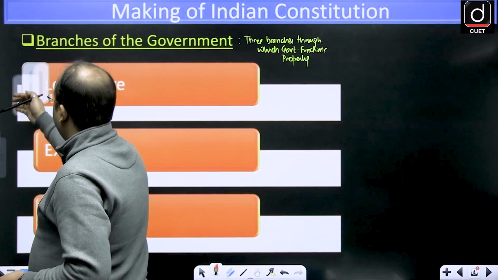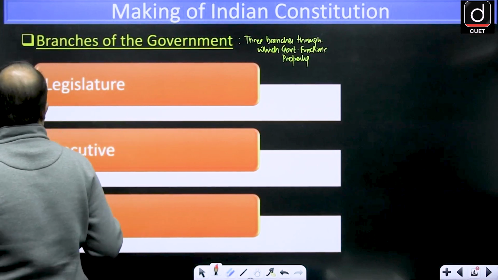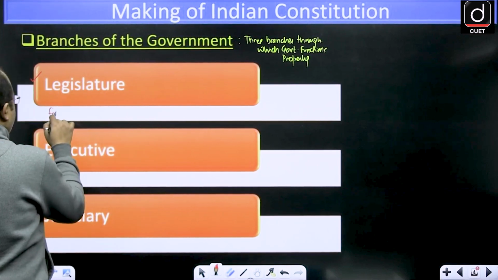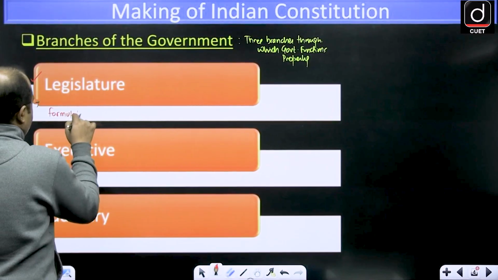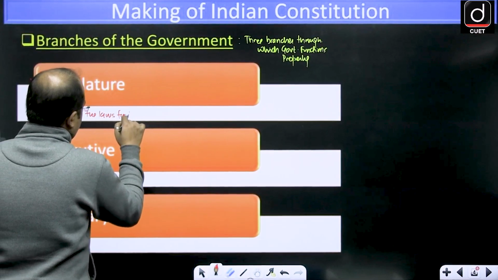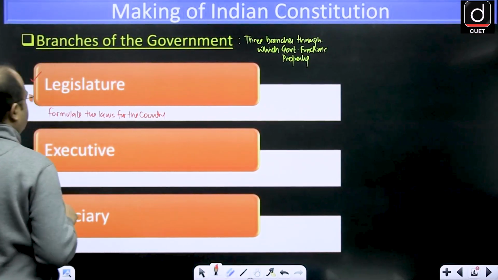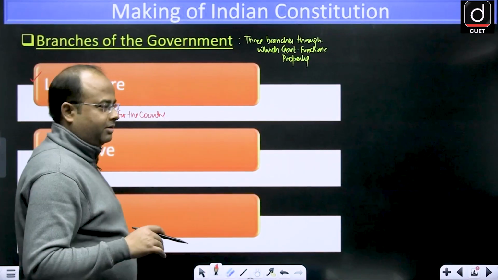And what is the work of legislature? The work of legislature is to formulate the laws for the country. So formulation of the laws for the country is done by legislature.